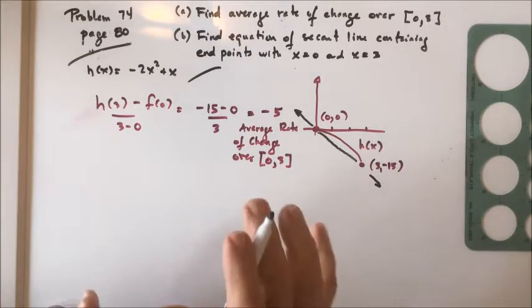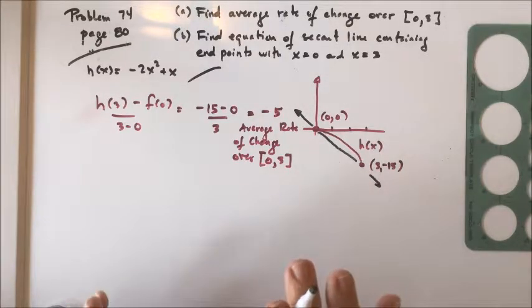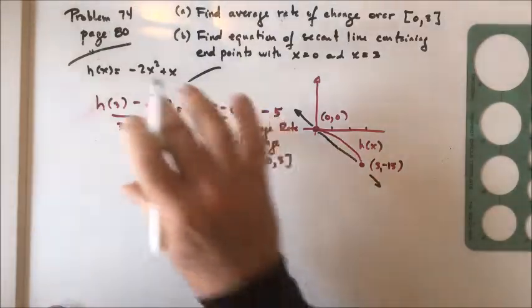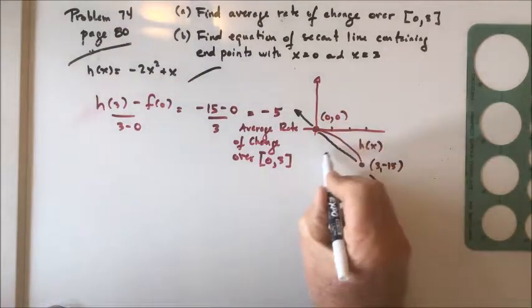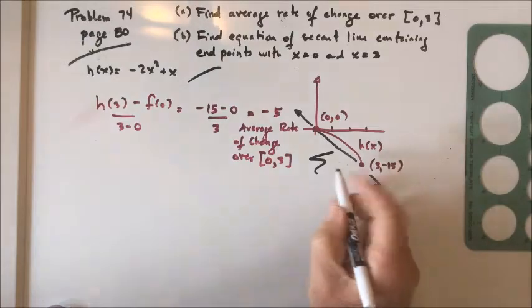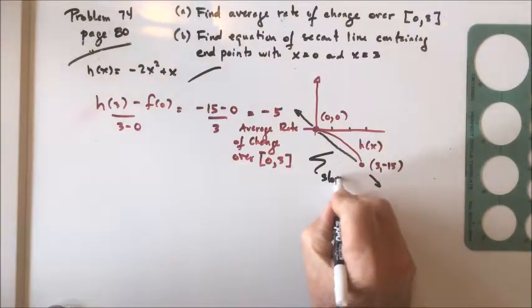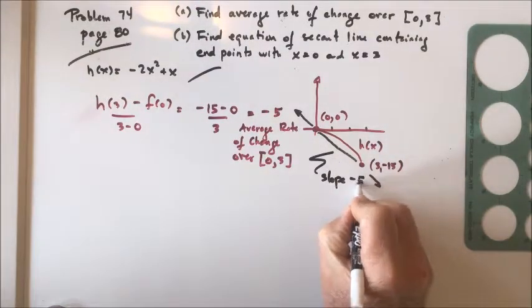So what this problem is trying to get you to recognize is that this average rate of change is also the slope of this segment. So the slope here is minus 5.